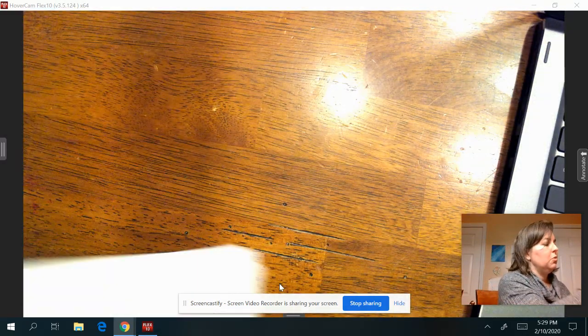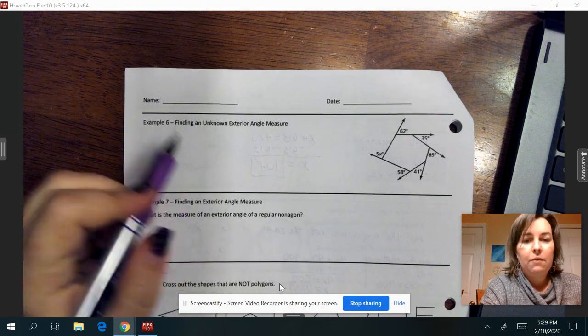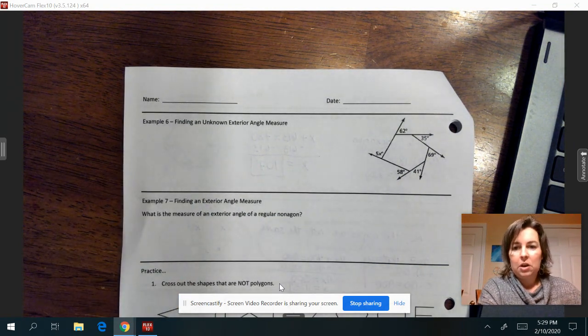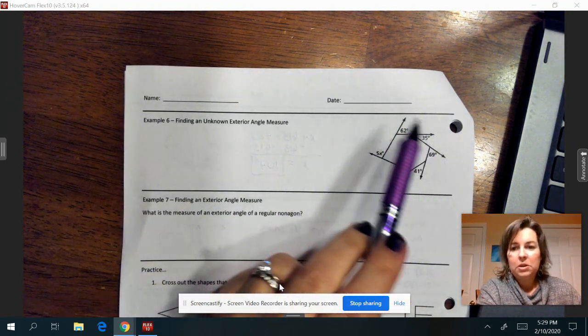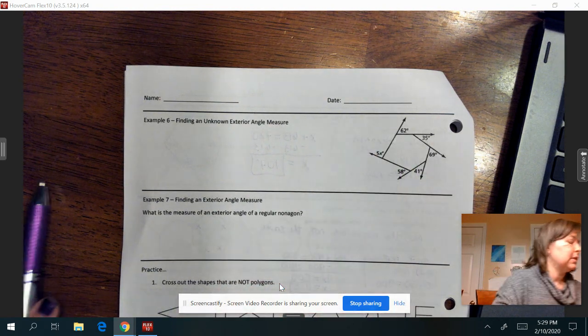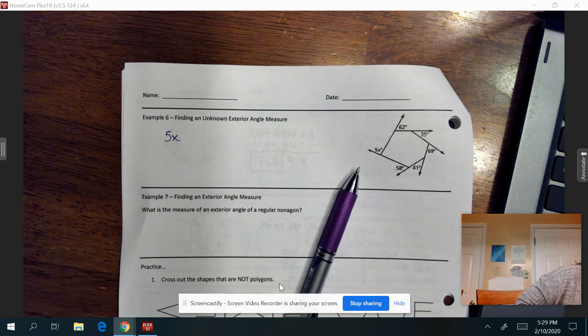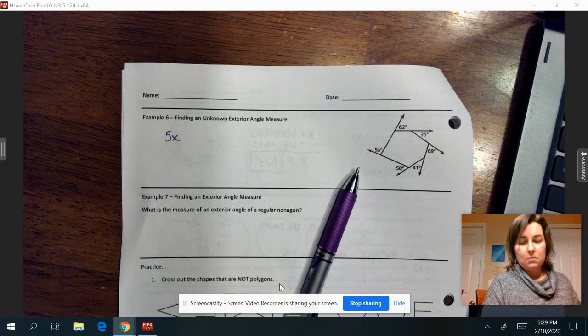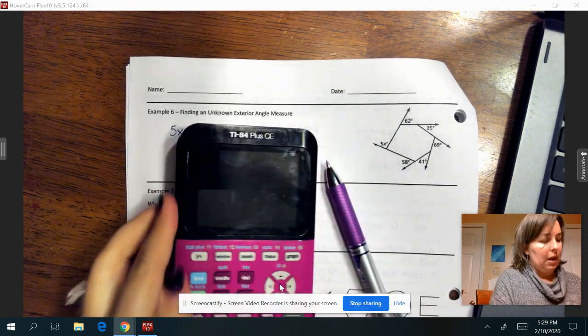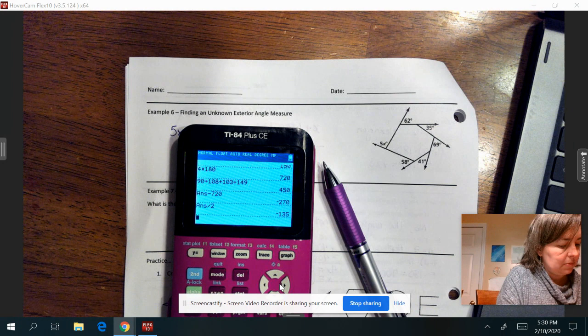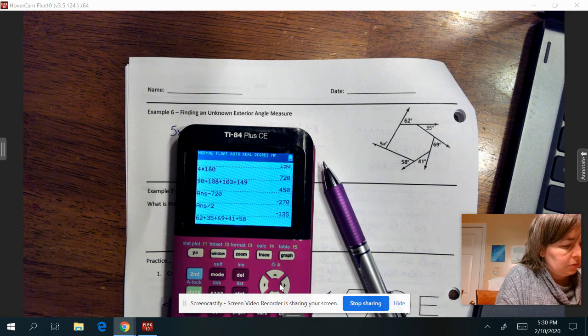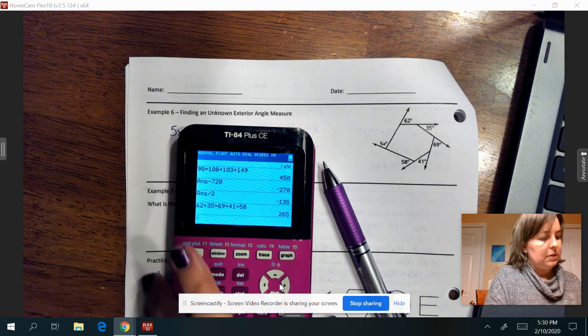Okay? So on the next page, if you need to find an unknown exterior angle, all you need to do is write an equation. I know all of these should add up to 360. I'm going to need a calculator. So I'm going to do 5x plus all of those. 62 plus 35 plus 69 plus 41 plus 58. 62, 35, okay, that's 265.